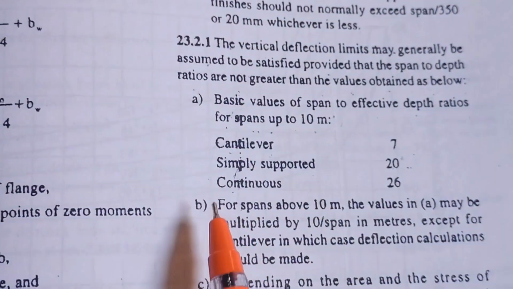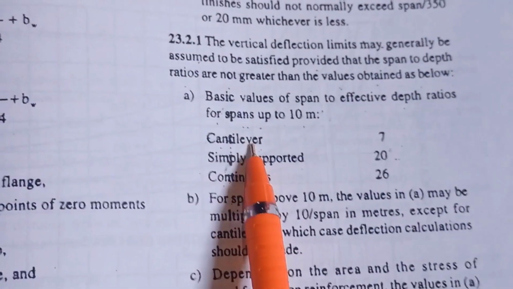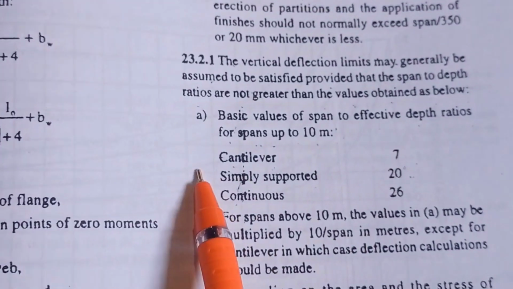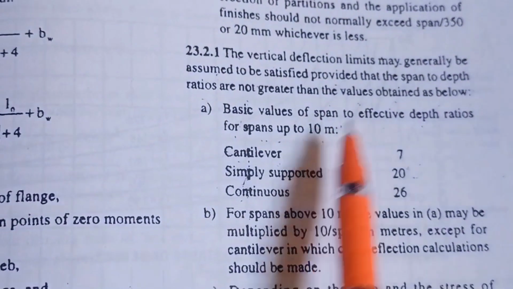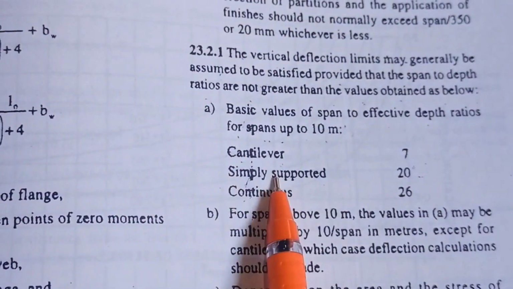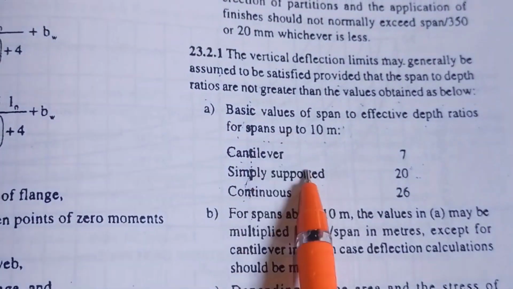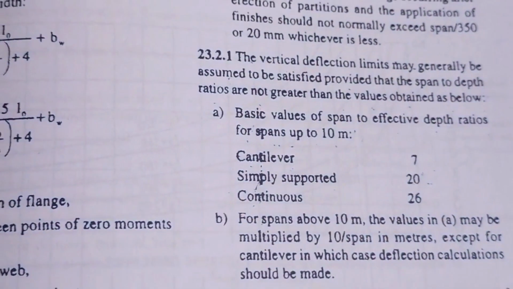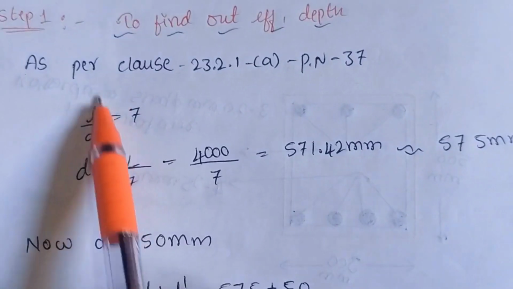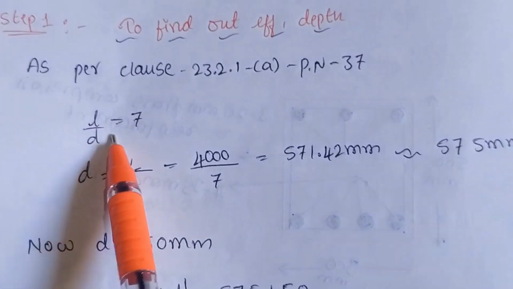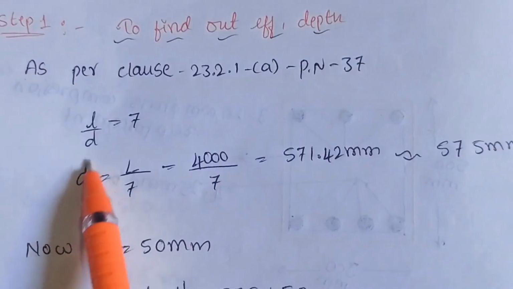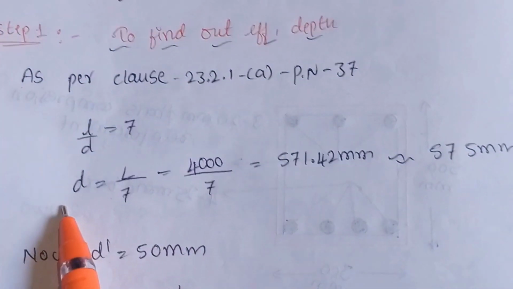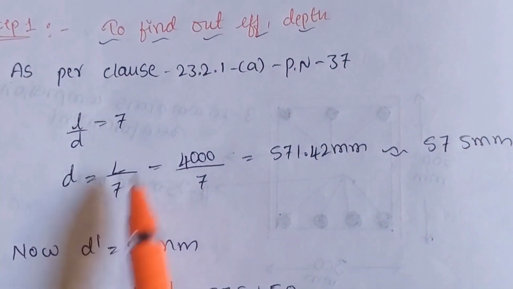Now we are designing the cantilever beam, so we'll go with this. They have mentioned our L by D ratio for cantilever beam should not be greater than 7. So I have taken our L by D ratio as 7. Now we are calculating effective depth. So I shift D to here and L divided by 7.